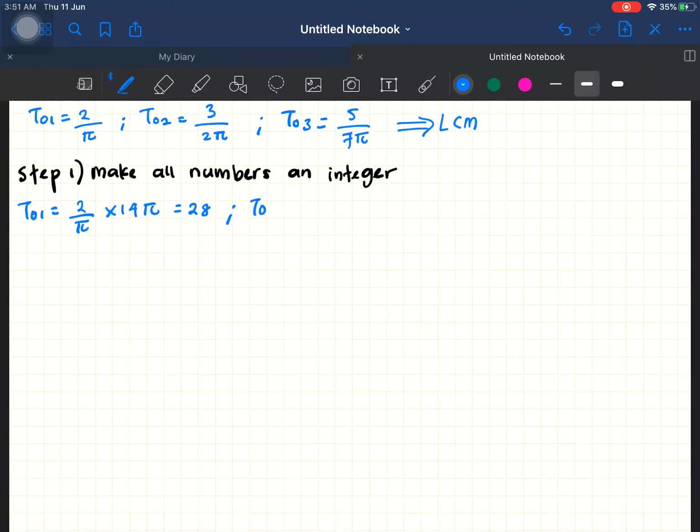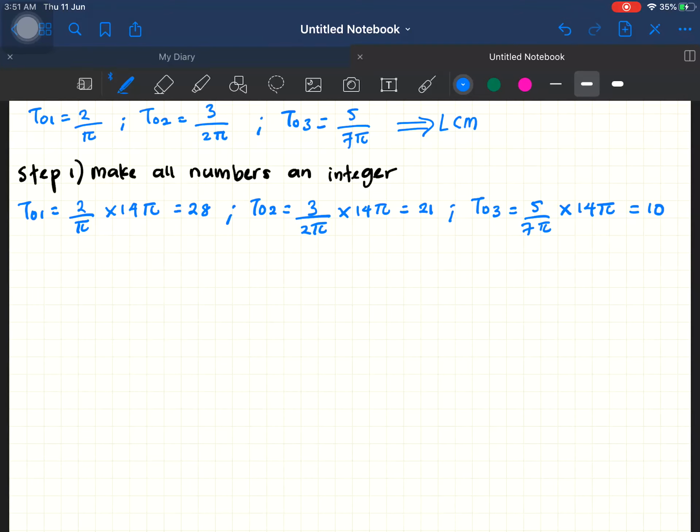Okay, for T02, 3 over 2 pi, if you multiply it with 14 pi, you will get 21. While T03, which is 5 over 7 pi, if you multiply it with 14 pi, you will get 10.